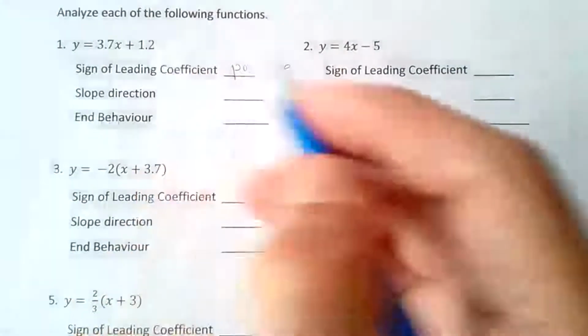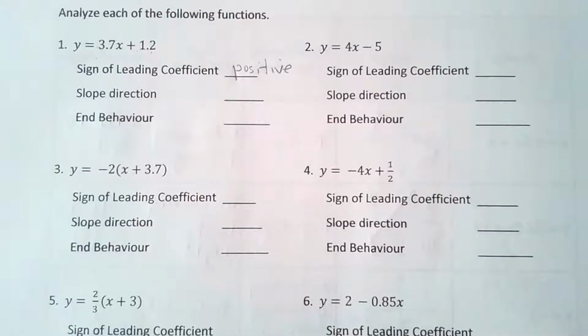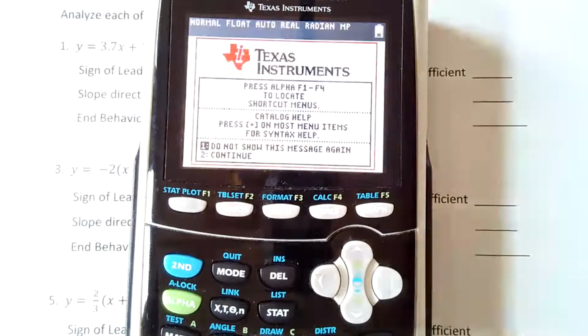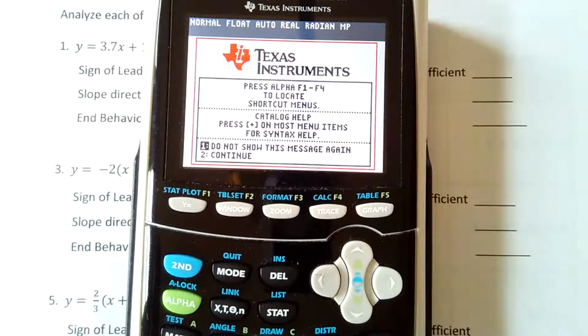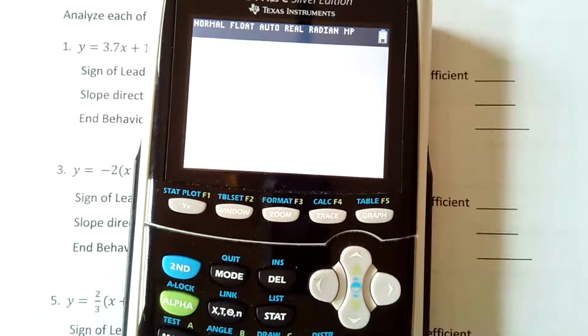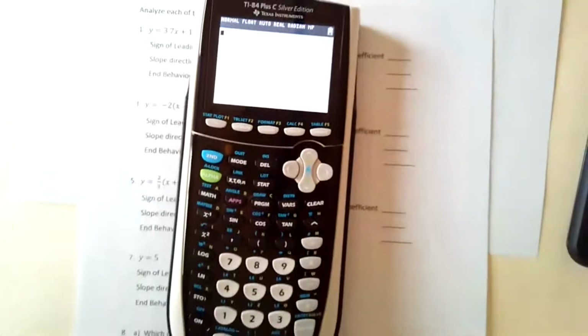Now the slope direction, as I mentioned, is going upwards, or in a positive direction. Well, let's verify it using our calculator. Now, let's just zoom out here a little so you can see.